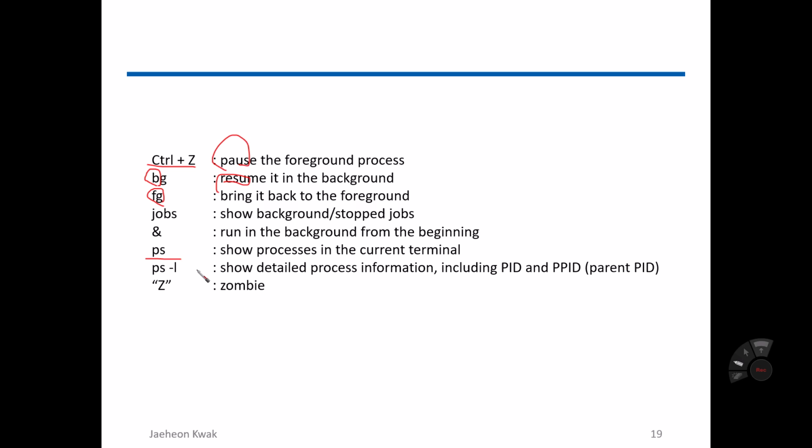We can use the PS command to show processes in the current terminal, and we can add the -L option to see the PID and the parent PID, PPID. When we type PS -L, we can check which process is a zombie process by checking the letter Z.